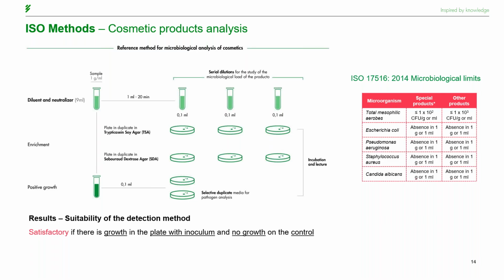We have the Pseudomonas, Staphylococcus, but we will launch some new ones in the coming months. An alternative method that allows a presumptive identification. So please expect that, as it's coming in a few months.